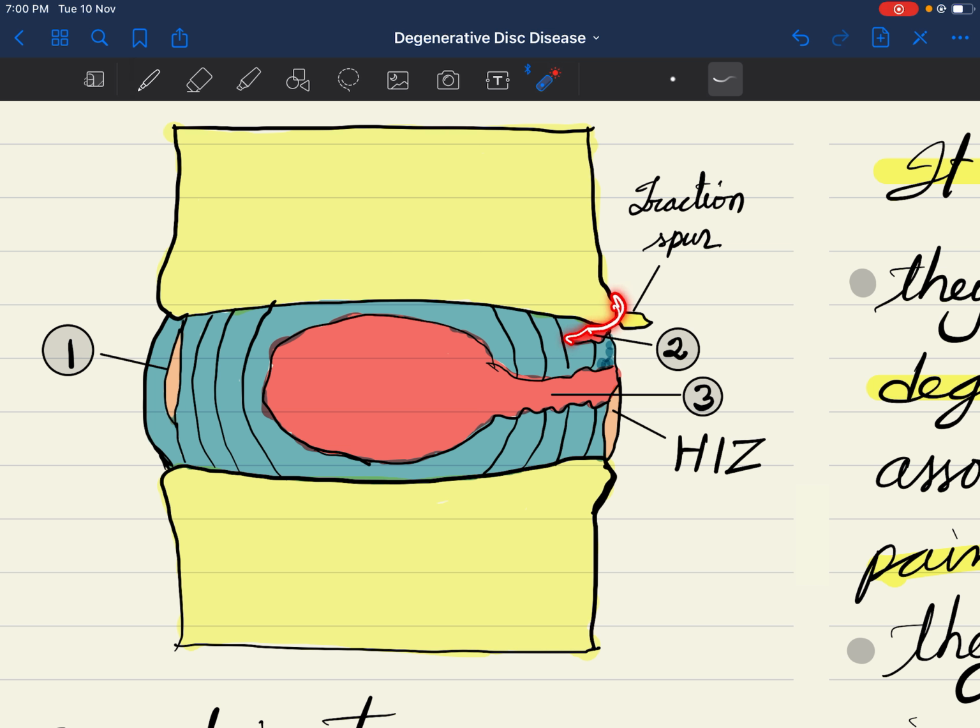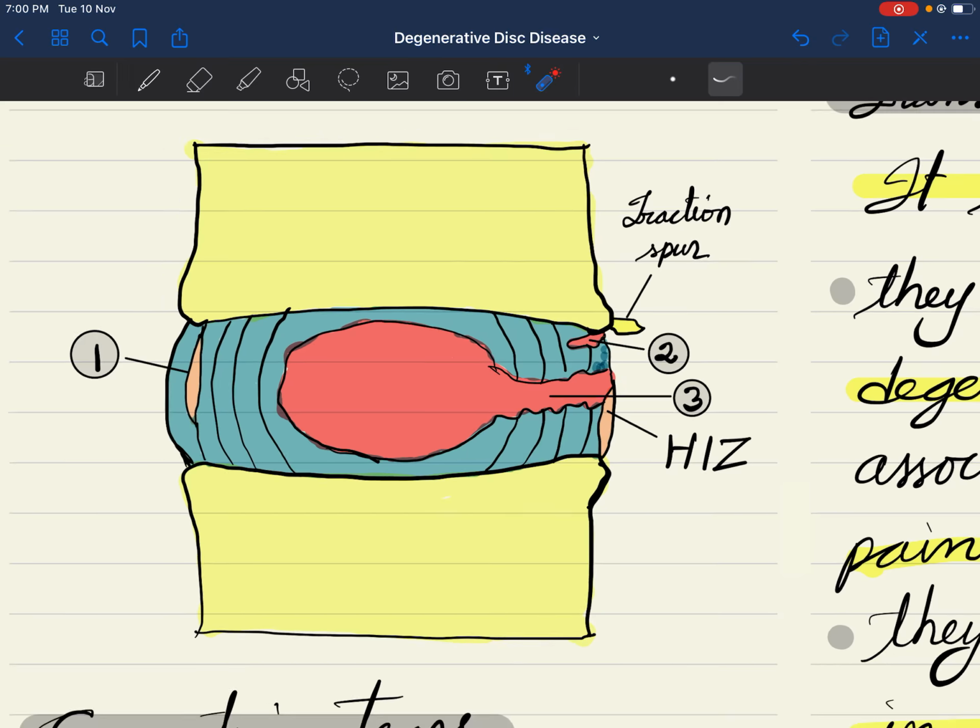So this is called a rim lesion or transverse tear. And when the tear occurs from the central part, that is from the nucleus outwards, and rarely they touch the sensitive layer of the annulus fibrosus, the outer sensitive layer, then they are called radial tears.